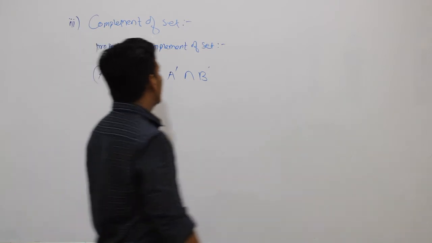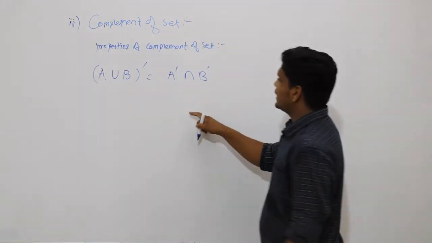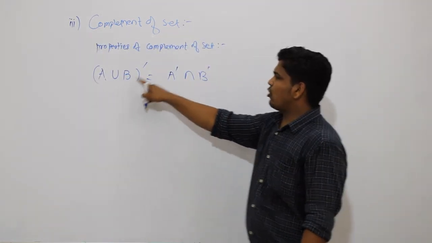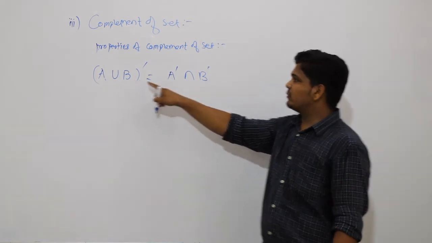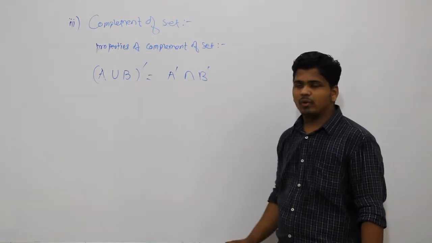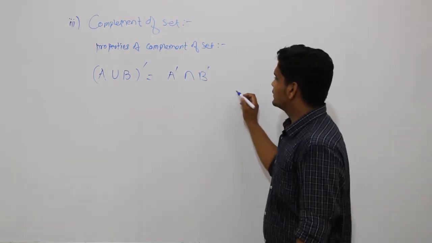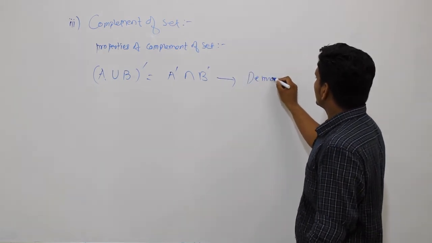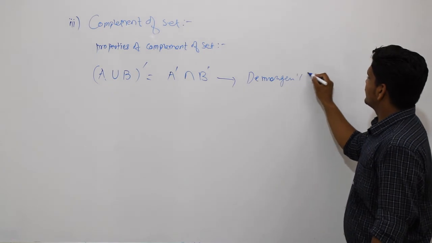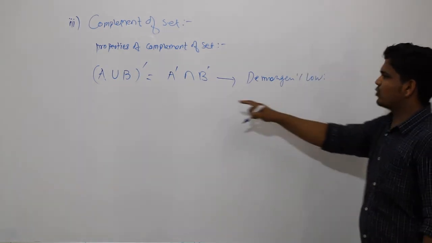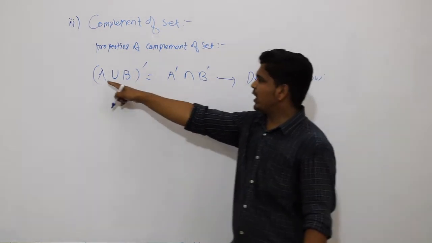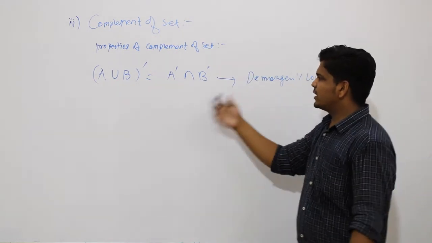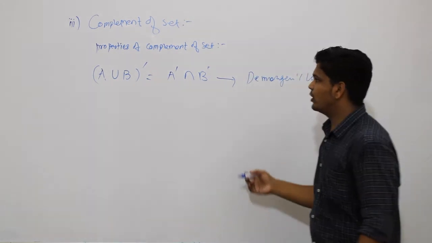Means the complement of a union is nothing but the intersection of complements. This is nothing but De Morgan's law. A union B complement is nothing but A complement intersection B complement.